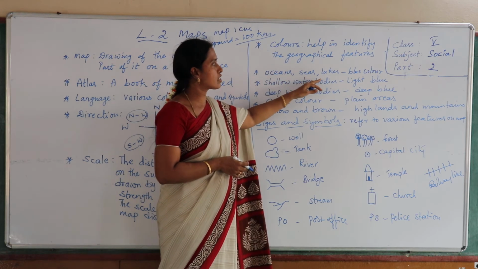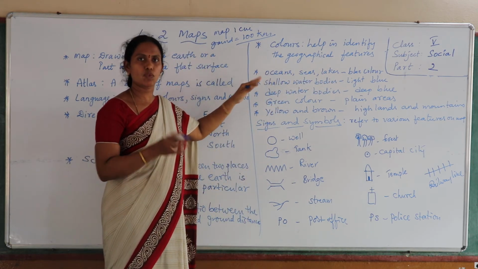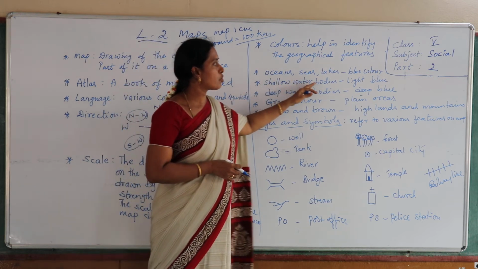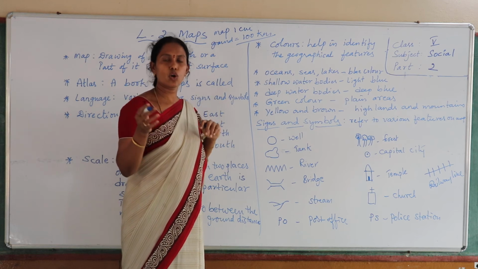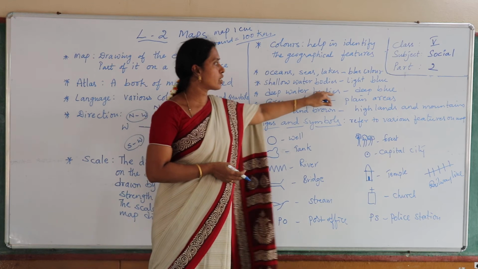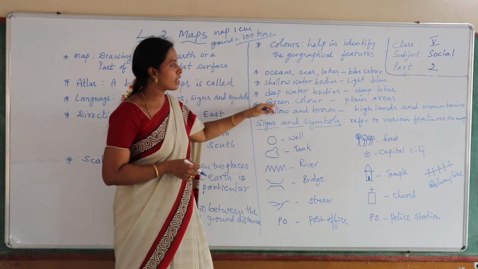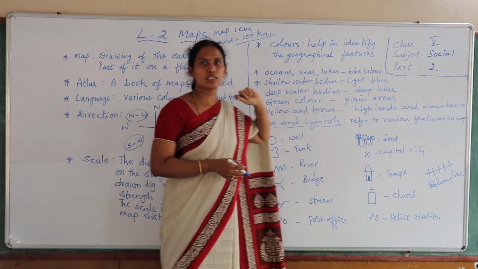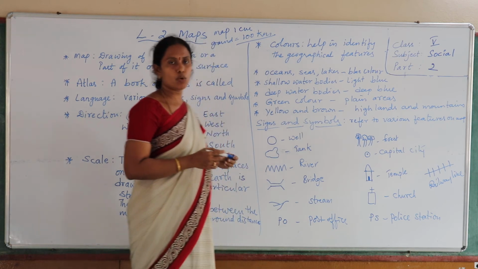Blue color is used for oceans, seas, lakes, water bodies. Shallow water bodies, light blue color. If you have an atlas, open that atlas and see which colors are used for this. Deep water bodies, deep blue color is used. Next, green color is used for plain areas. Yellow and brown are used for highlands and mountains.